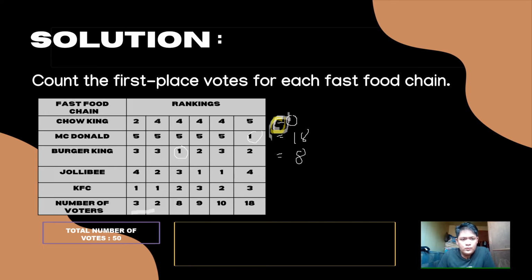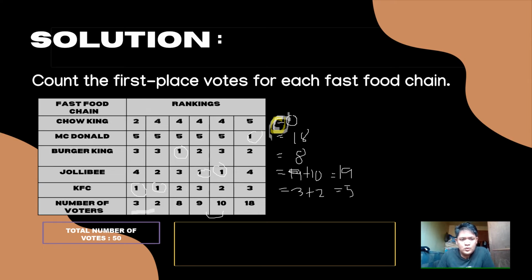They have two first place votes, equivalent to the number of voters of 9 and 10, which you add up, equals 19. And lastly, KFC has two first place votes, which is 3 added to 2, which is 5.